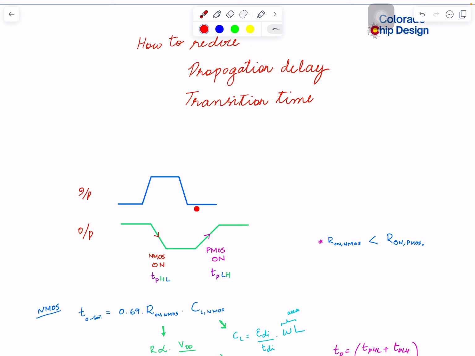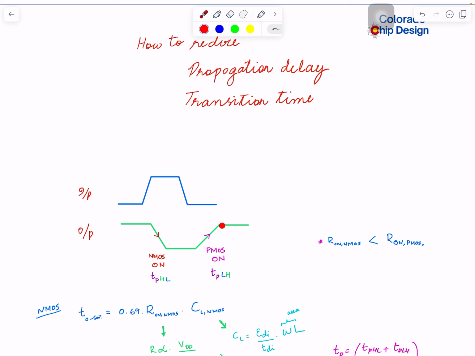I intentionally created a little bit more delay here to show you that we can have different slopes of falling and going up. Here the delay will be more because of this slow slope. I mean, it started a bit late. But this delay is our low to high delay.